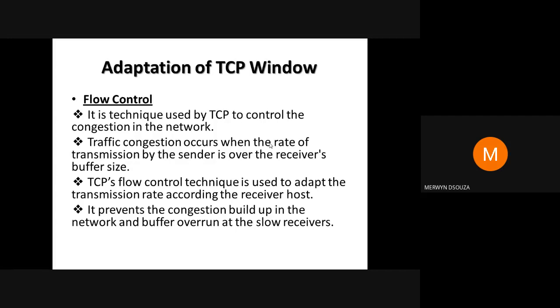Even though we try to prevent a traffic jam by having all these facilities, we try to build overbridges, we try to have 2 lane, 3 lane, 4 lane highways, still, due to various factors, traffic jams could happen. So flow control is just the attempt at trying to prevent the congestion, but congestion could still happen. So remember that.